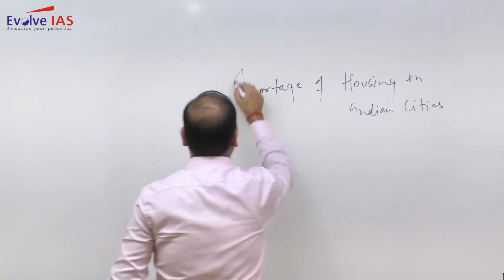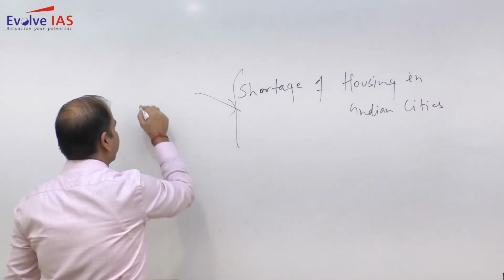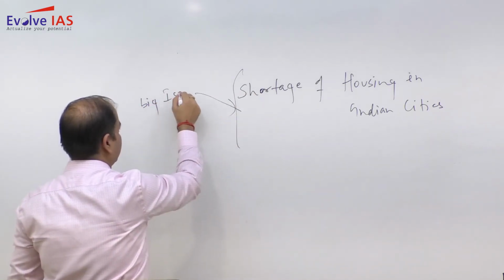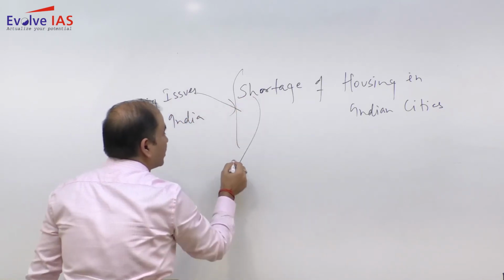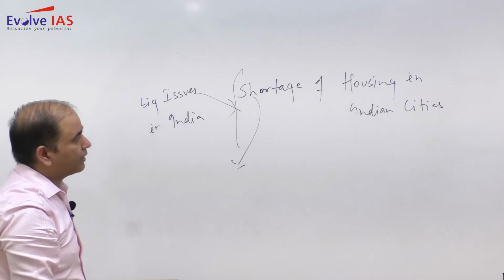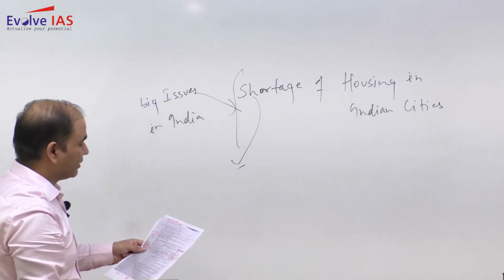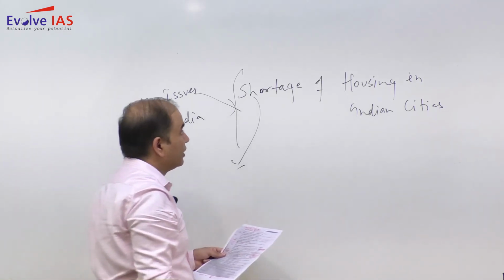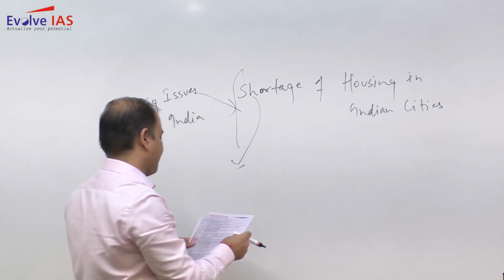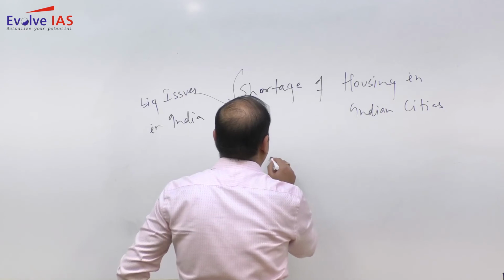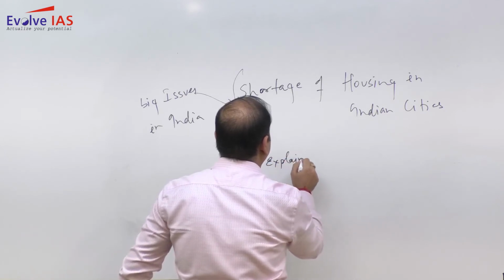This is a very big challenge, a big issue in India. And I am sure that most of you must have written about the shortage of housing in Indian cities, and how it is becoming a problem.